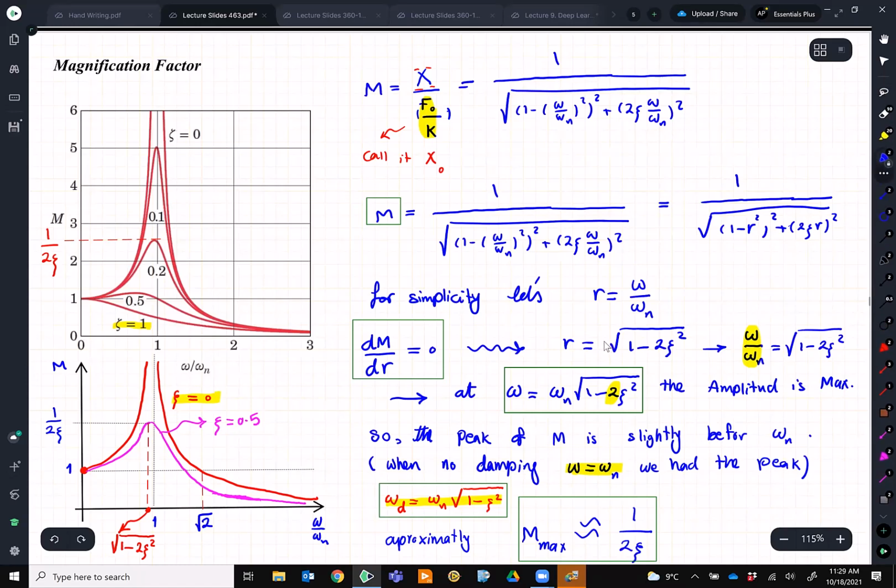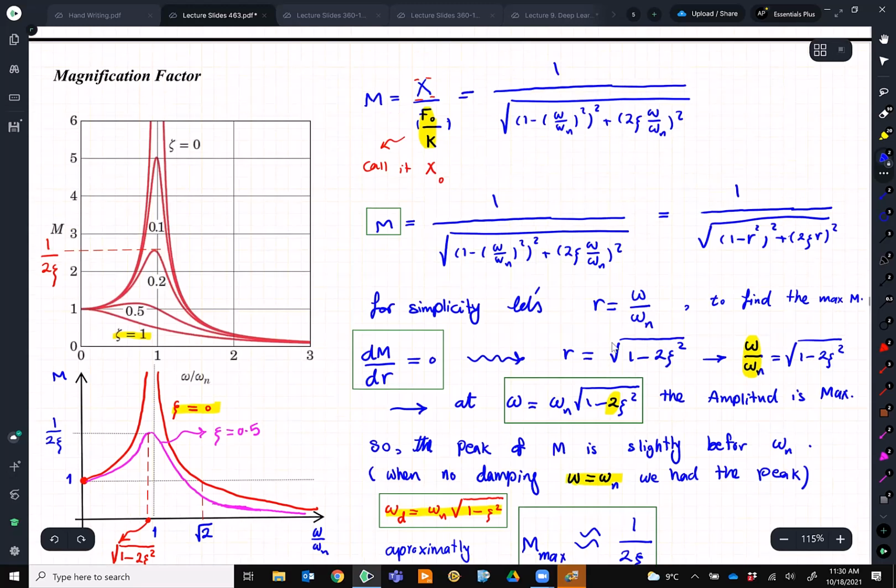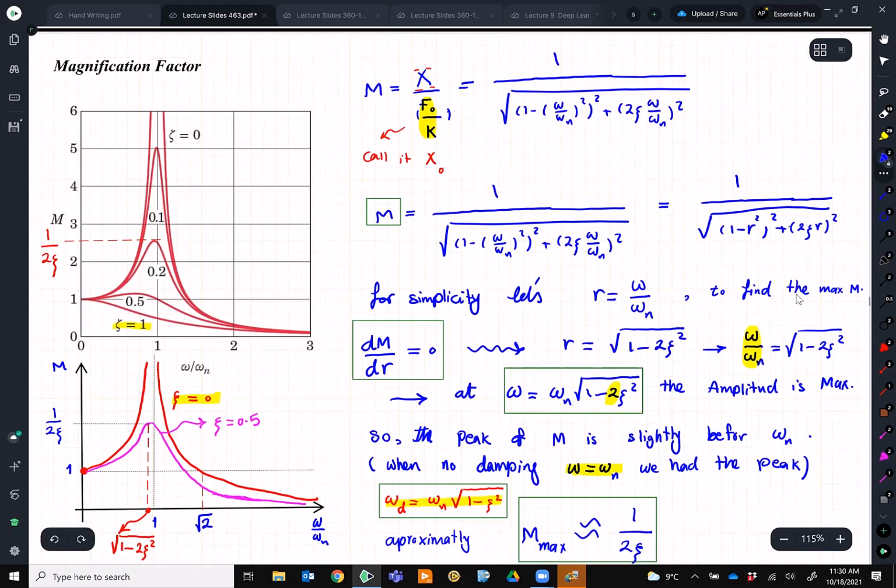Now let me add this note here. To find the maximum m, this is what we will do. In order to find the maximum, you take the derivative of m with respect to r.